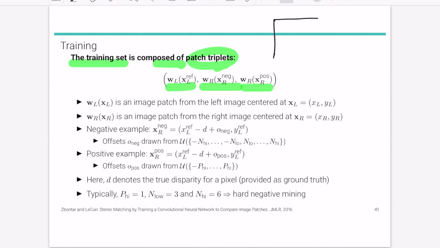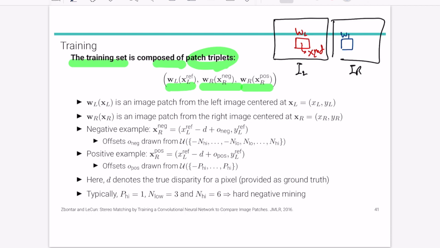Let's say this is image L and this is image R. WL is one of the image patches, XL is its reference location, and XR means patches in the right image.